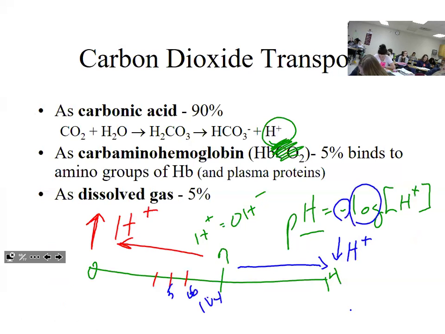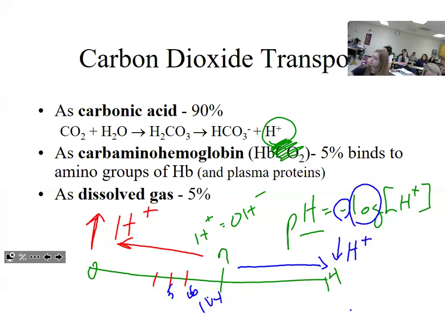So from 7 to 6, you actually have 10 times more hydrogen. From 7 to 5, how many more times hydrogen? 100 times. That's what logarithmic means. If you went from 7 to 4, how many more times? 1,000 times more hydrogen. So is a slight change on the scale potentially a significant difference in hydrogen ions?